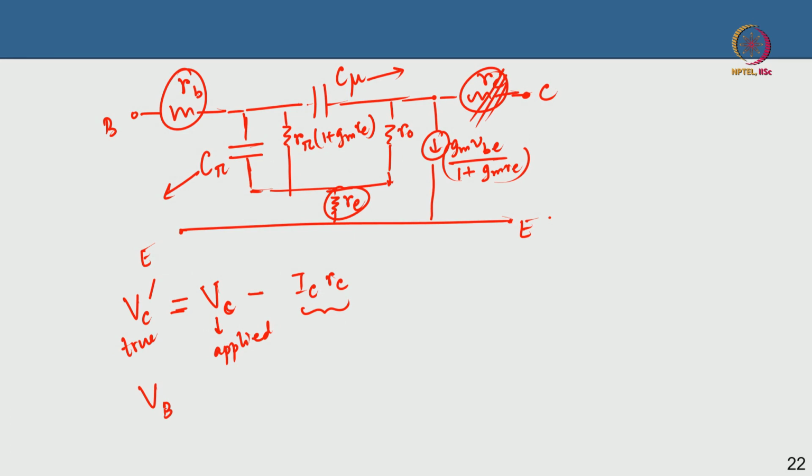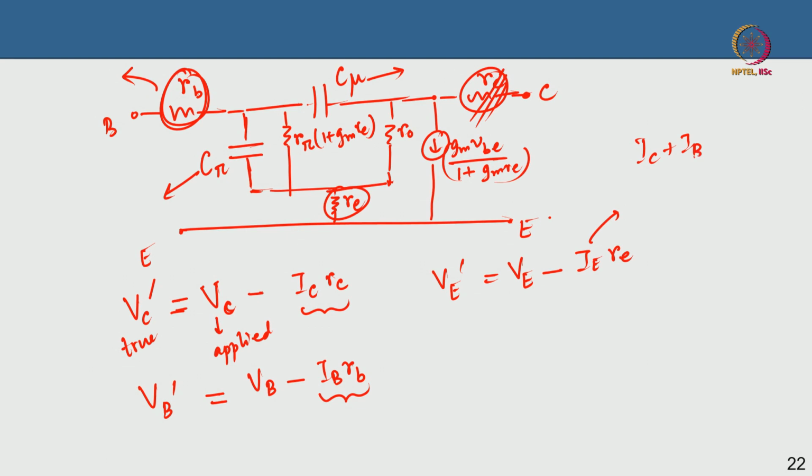Similarly, you have a VB dash, the true voltage at the base terminal, which will be the applied base voltage minus IB times RB. RB will include all the components of the base resistances, just to make it simple. And similarly VE dash will be equal to the applied emitter voltage minus IE times RE, but the sum IC plus IB plus IE has to be 0 for current conservation. So essentially I can write this as VE plus IB plus IC into RE.